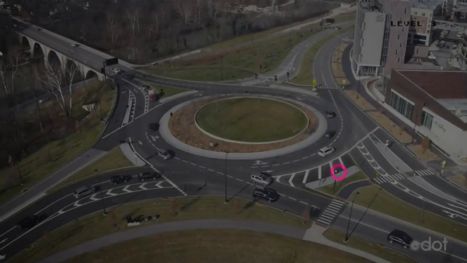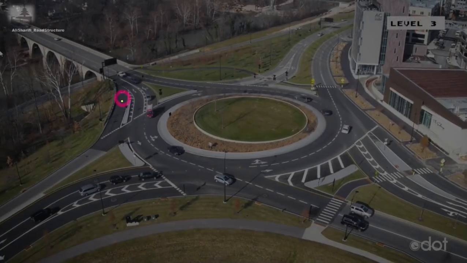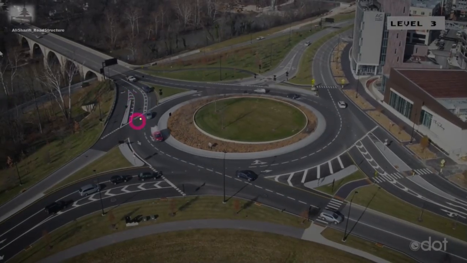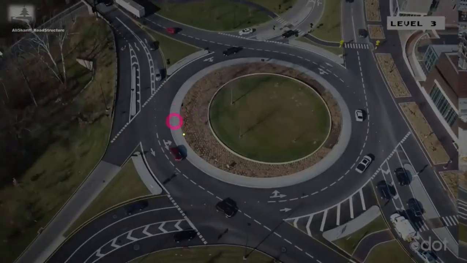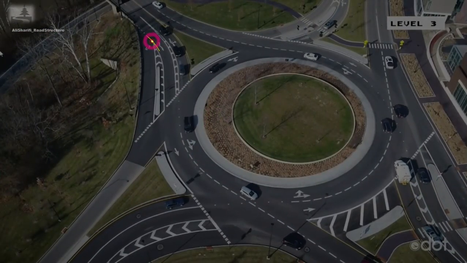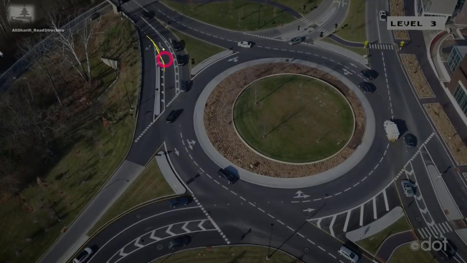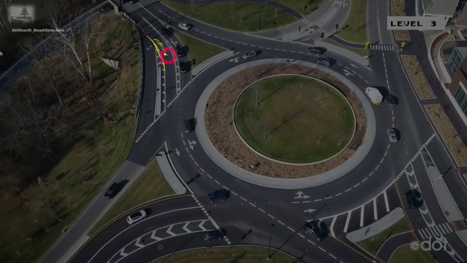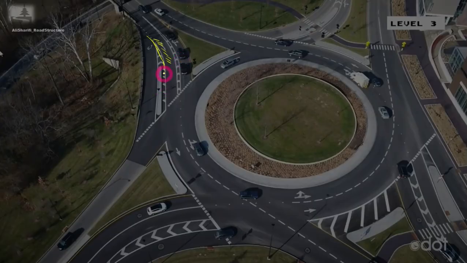Here is a solution from NCHRP Report 672. You see, you got a sharp curve here, upstream of the yield line, and the tangent portion. The sharp curve controls the entering speed through the deflection, and the tangent portion induces adequate natural paths.